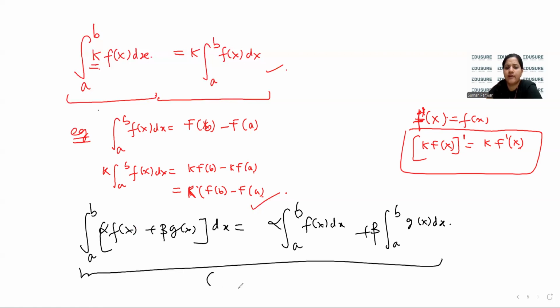Of course, alpha and beta are constants. They cannot be variables. Here, the variable under consideration is x, so anything that involves x is not a constant. Alpha and beta have to be numbers or something not involving x. So this is about definite and indefinite integrals.